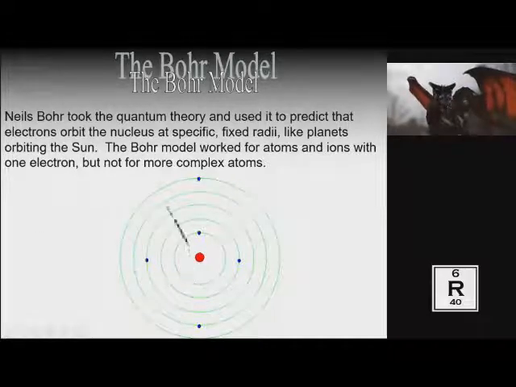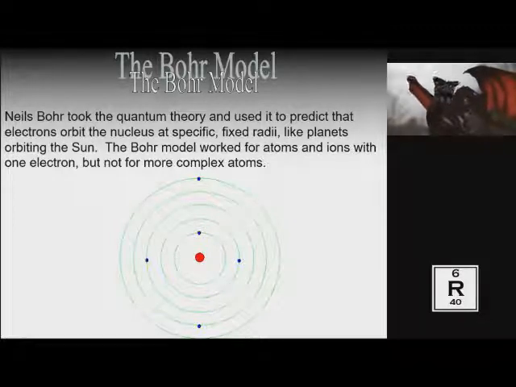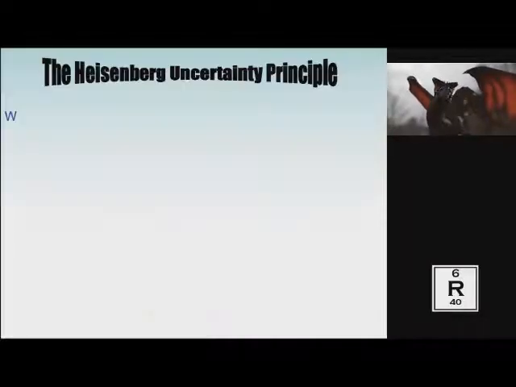So these rings don't actually work very well, and we're going to get into electron configurations in a couple lessons, so we'll talk more about what the actual structure is. But you can understand where the Bohr model comes from. If you take Rutherford's idea and you take Planck's idea, the Bohr model makes a lot of sense.